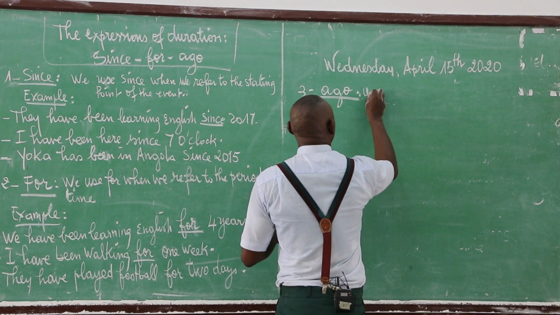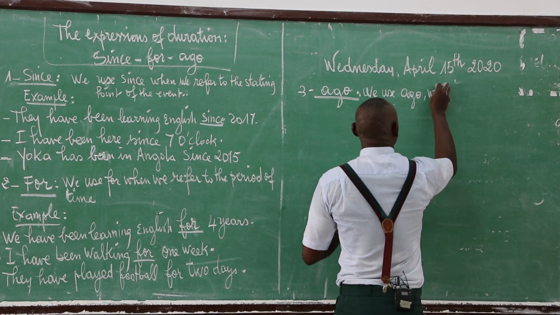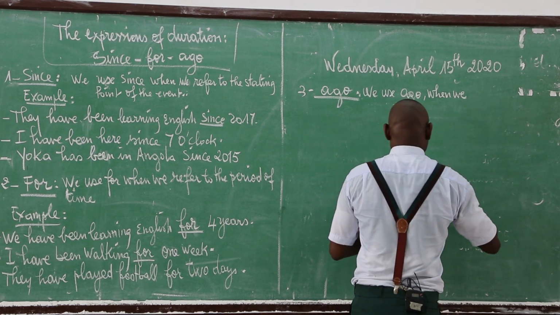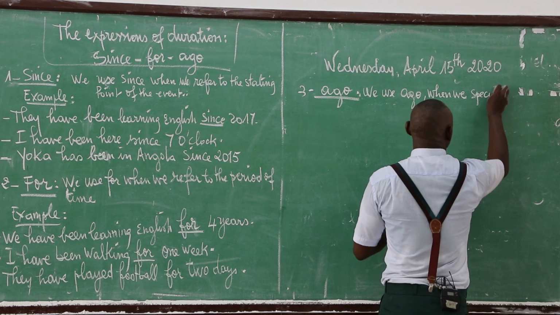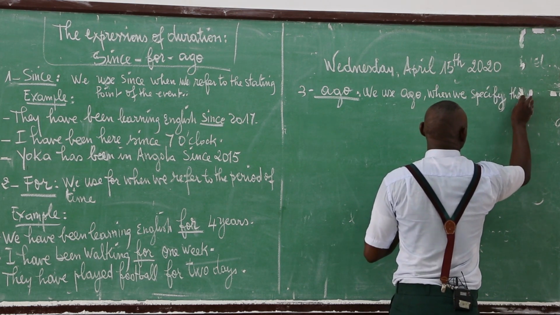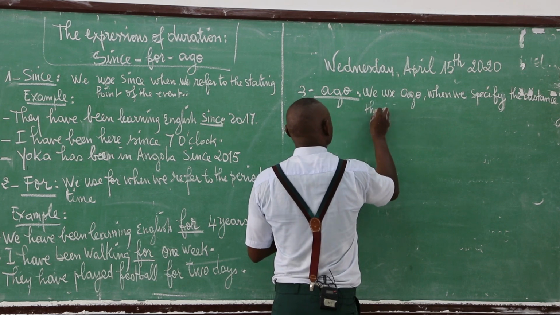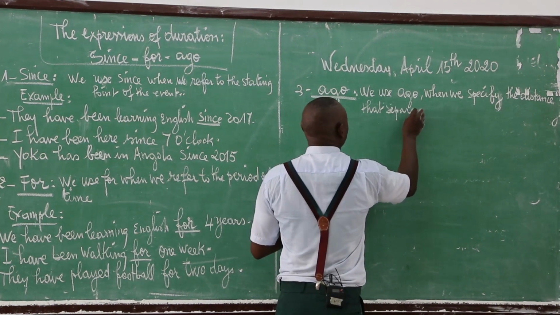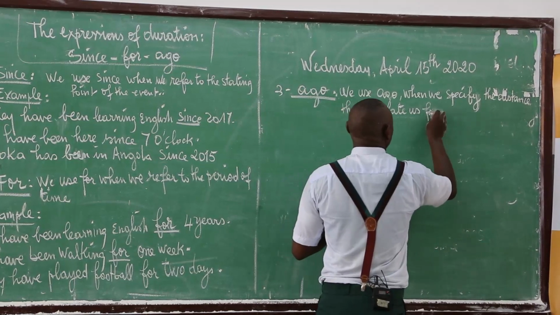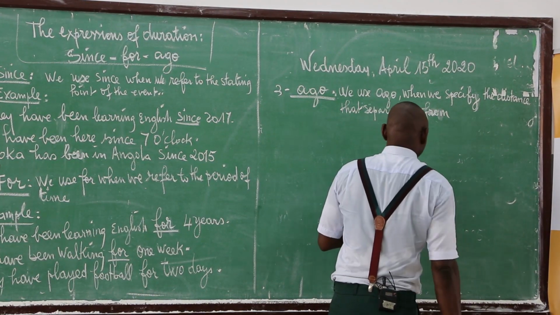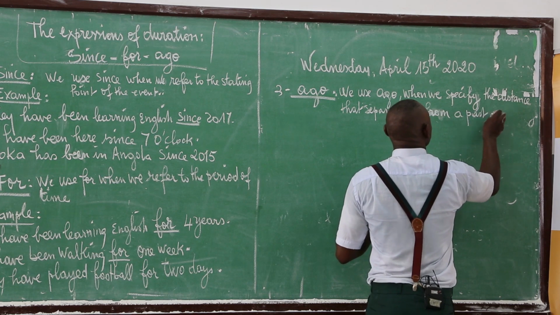We use ago when we specify the distance, I mean in time, that separates us from a past event.